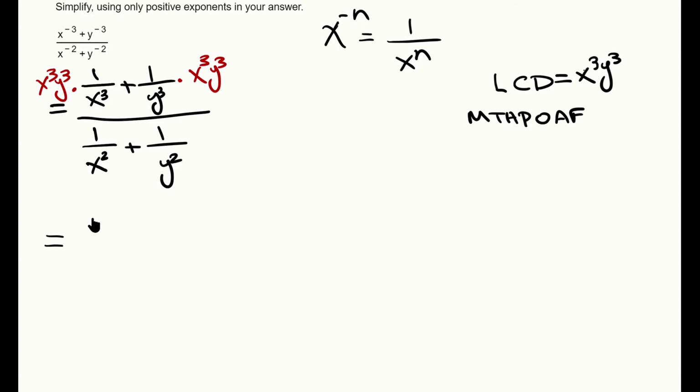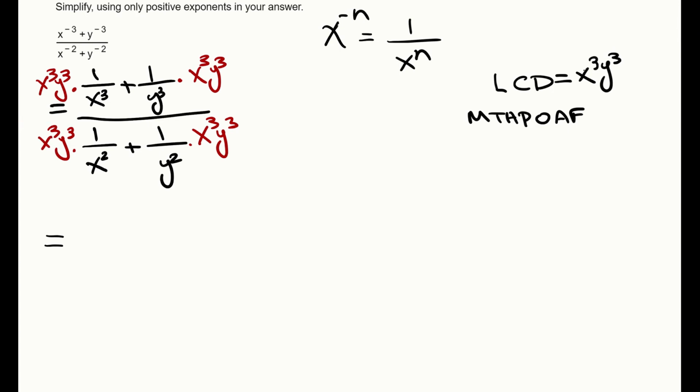Notice that we're only multiplying once on the top and once on the bottom, but then we have to distribute. That's why we see this written next to each of the terms. The reason we can multiply in that way is that we're multiplying by x cubed y cubed over x cubed y cubed, which is just 1. So that's why we get to do it.